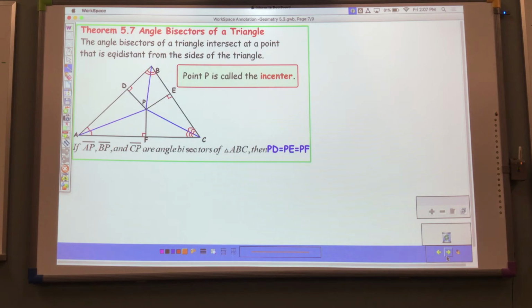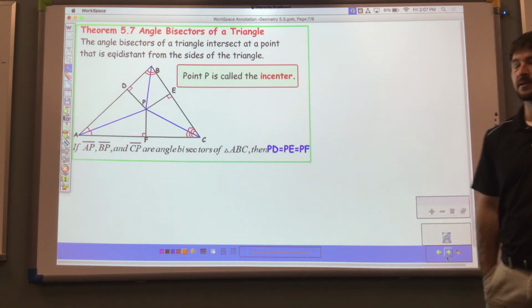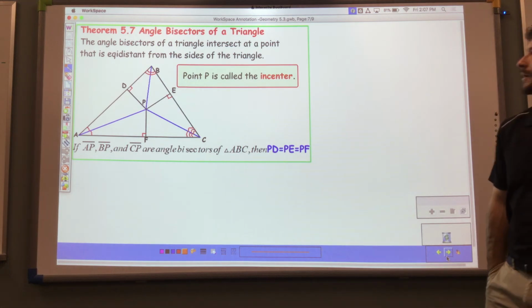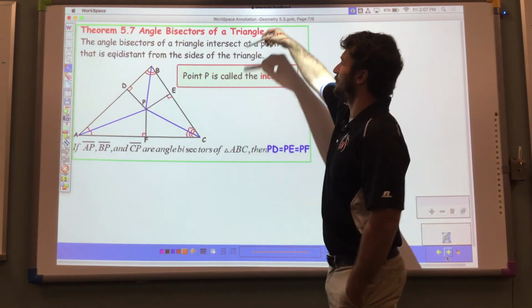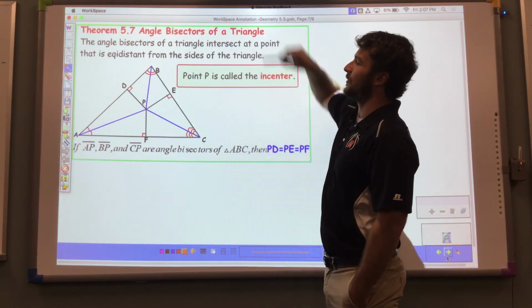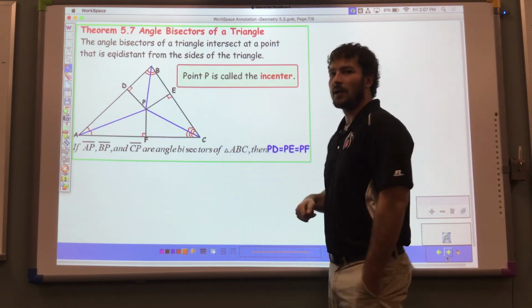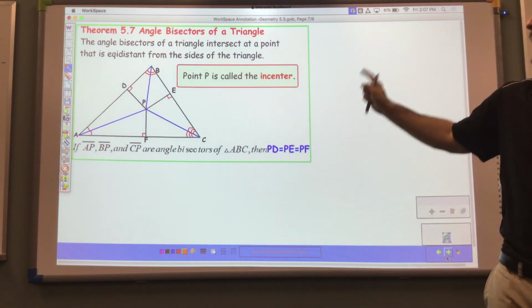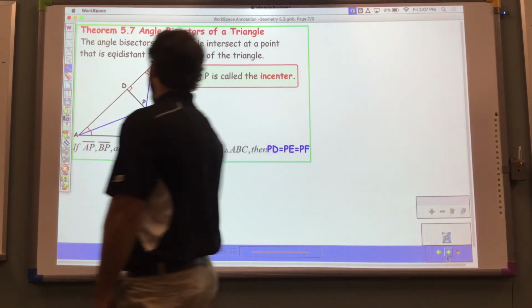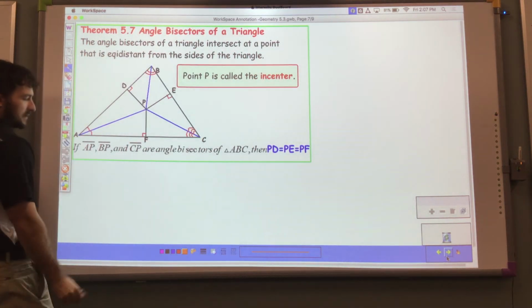One other theorem today. So just like yesterday we talked about where all those perpendicular bisectors intersect, now we're talking about where all your angle bisectors intersect. Do the angle bisectors of a triangle intersect at a point that is equidistant from the sides? So perpendicular bisectors are equidistant from the vertices. Angle bisectors are equidistant from the sides.